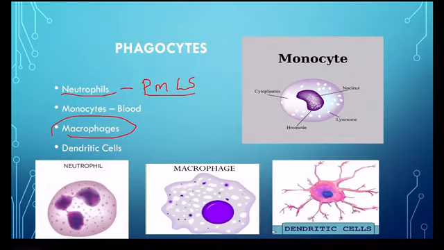When monocytes migrate into the tissues, they differentiate into macrophages. Monocytes change into macrophages in the tissues.